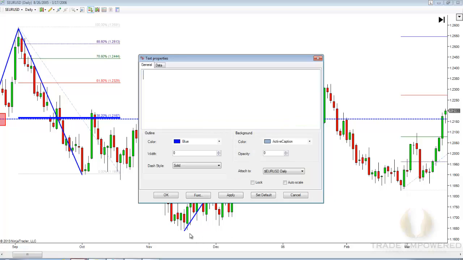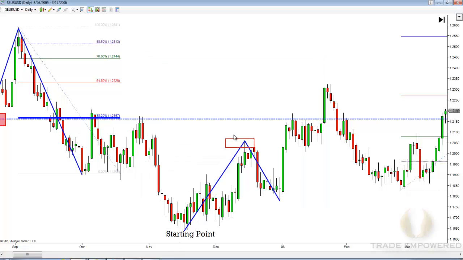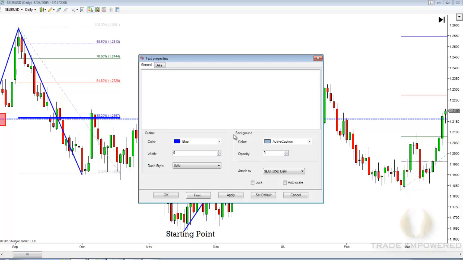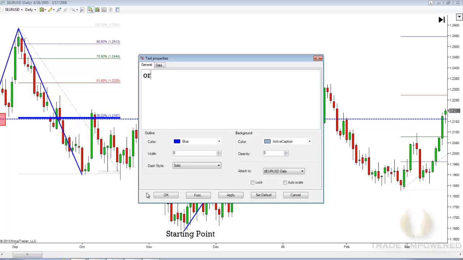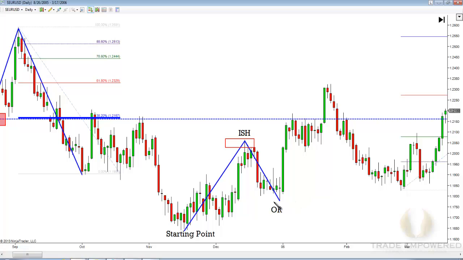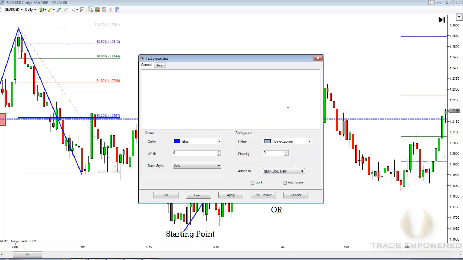We can call this our starting point, to initial swing high, ISH, initial structure high, I'm sorry. We get our outside return. And after we break and close above this level, this gives us what? New structure high.